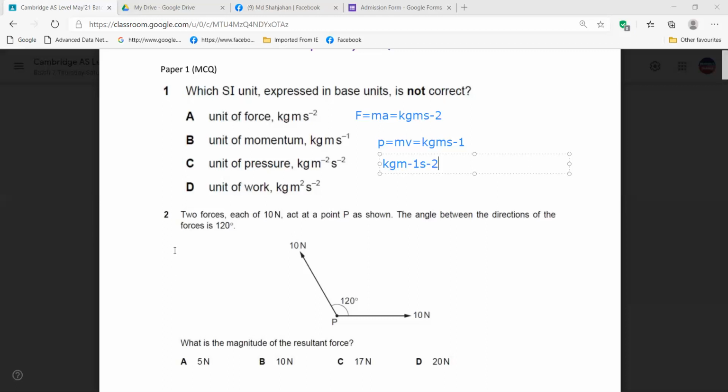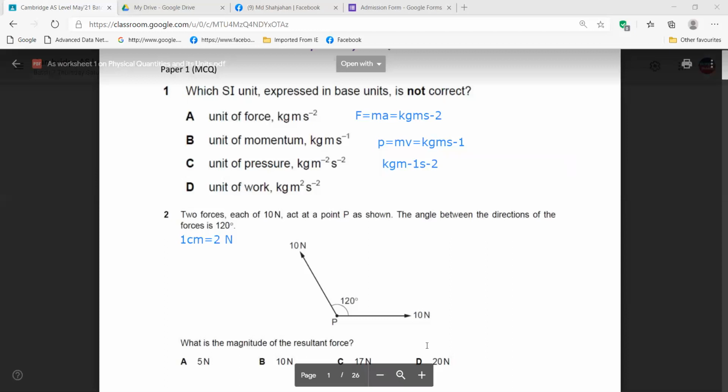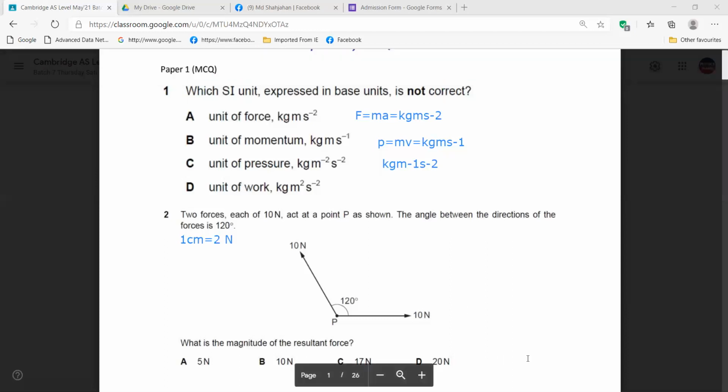Right? Yes, sir. Just let me find my protractor, sir. 1 centimeter is equal to 2 Newtons. Then you check out the diagonal, how many centimeter it is. You complete the parallelogram this way and get the diagonal.